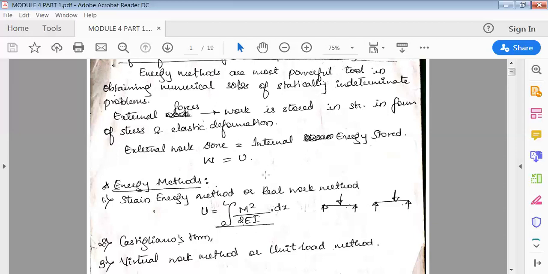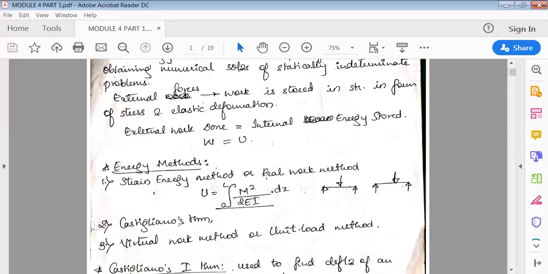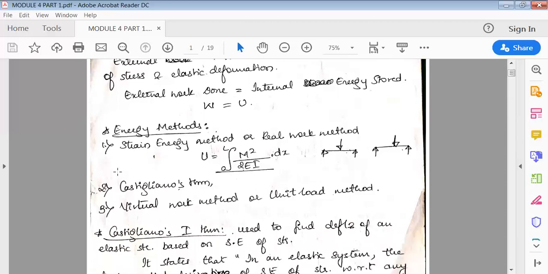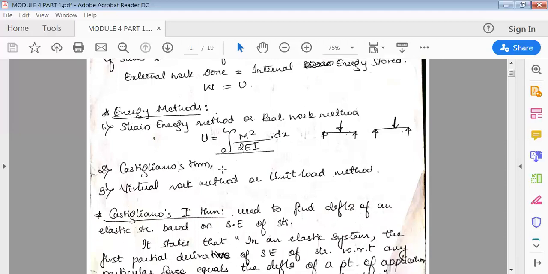Now we'll study what this internal energy is and what methods are used to find it. Internal energy is nothing but the strain energy. In the strain energy method, we'll be using this equation: U is equal to the integration from 0 to L, where L is the length of the member, of M squared divided by 2EI, dx. Here M is the bending moment, and E and I are Young's modulus and moment of inertia, that is the flexural rigidity.